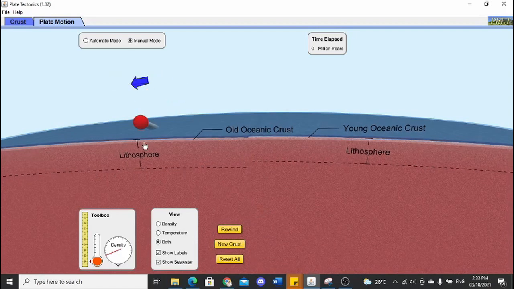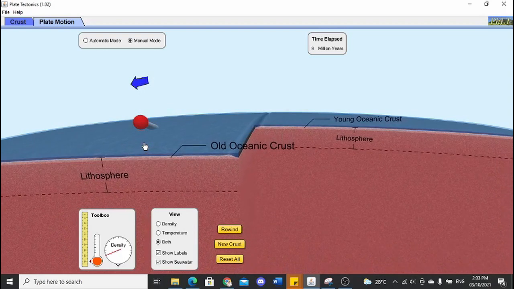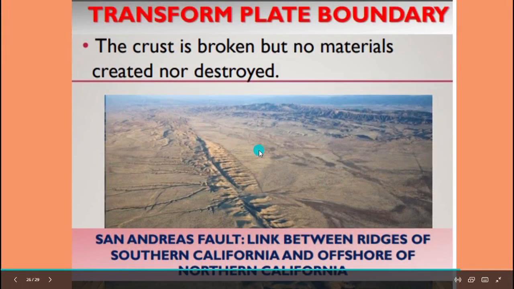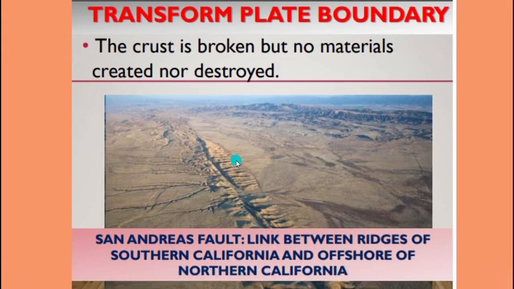Now let's move them this way. Okay, so what I did is an example of an oceanic crust transform plate boundary, just like the San Andreas Fault. So this San Andreas Fault is a transform plate boundary. This is the link between ridges of Southern California and offshore of Northern California.